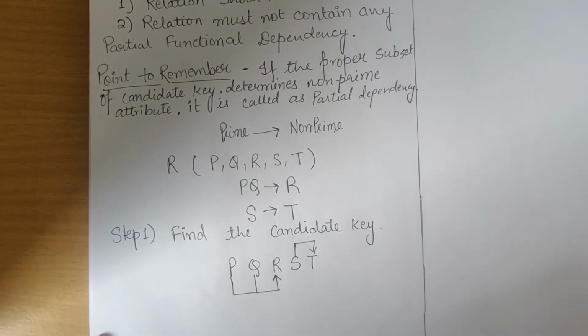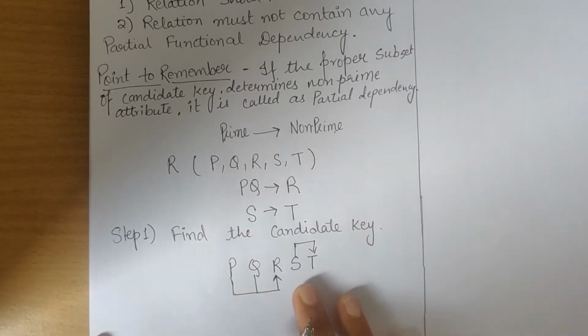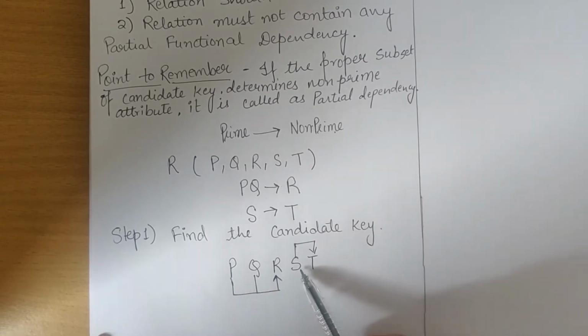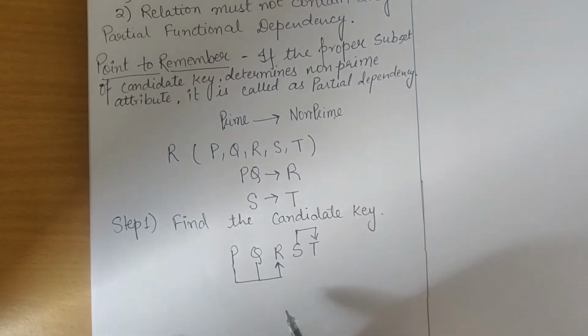Now, who is the director of the show? The director of the show will be the one who is not getting any direction. That means the one which is not having any incoming edge. So if you can see, P is not having any incoming edge, Q is not having, and S is also not having any incoming edge.